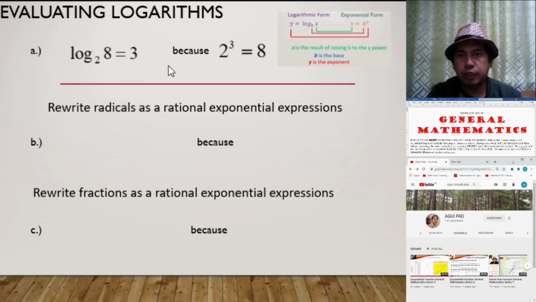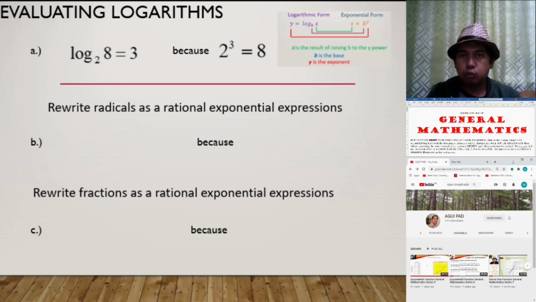As we have said, your y, which is 3, is always the exponent in the exponential form. So when I convert this, my y will be my exponent, and my base will always be the base in the exponential form, which is 2.